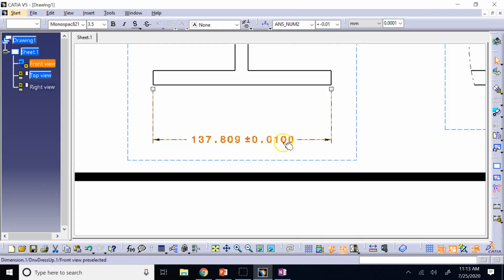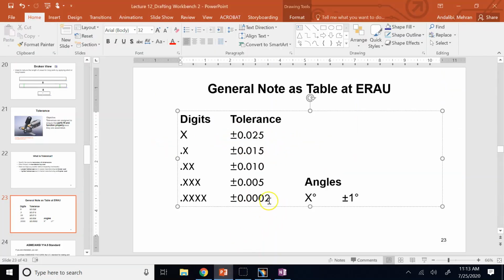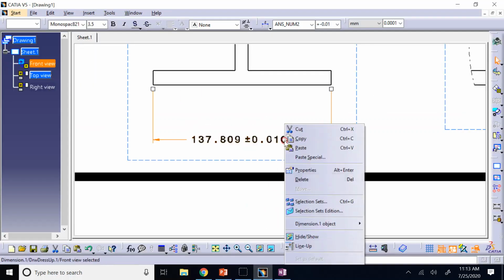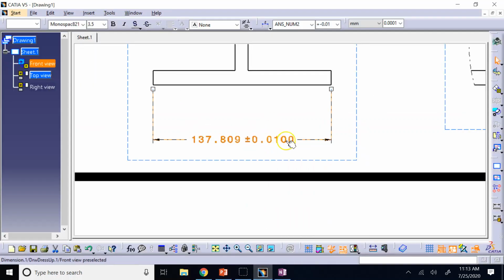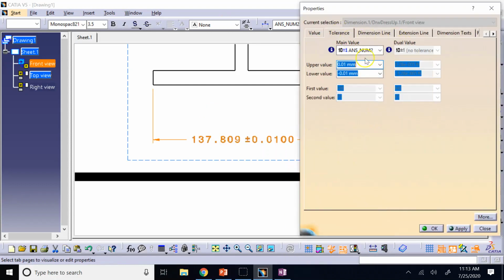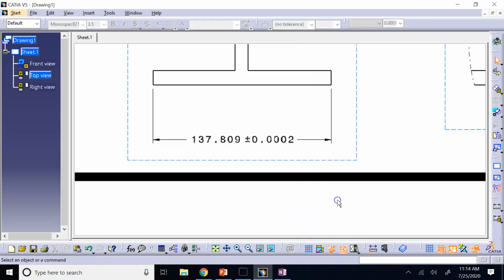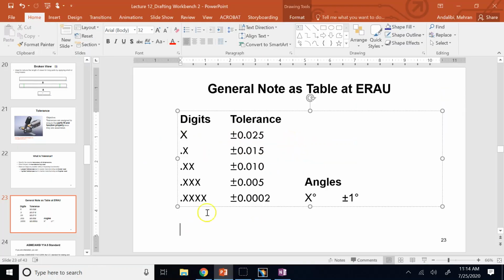But now, look, my tolerance has 4, so it means this guy has 4. So now I have to go 0002, okay? So instead of that number, I have to go to this one. Yeah, do you see the problem?